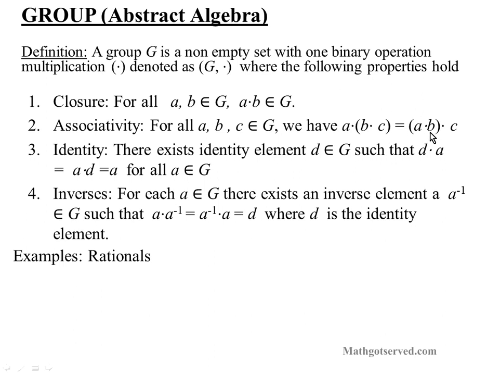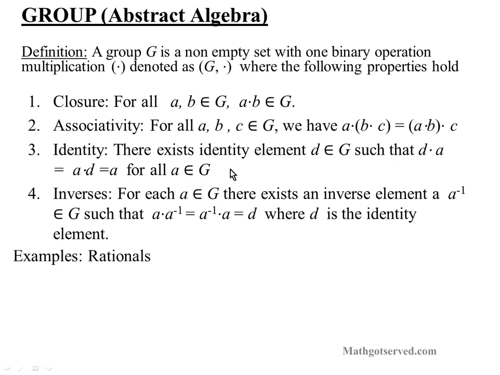The answer is yes. Whichever way you group the product of three or more rational numbers, you end up with the same result. How about closure? Anytime you multiply two rational numbers, you always end up with a rational number.